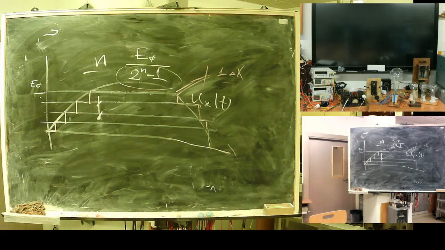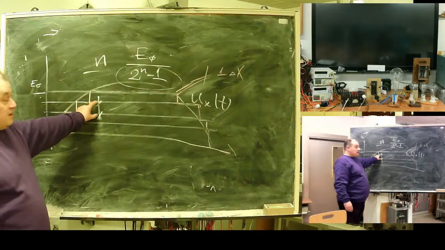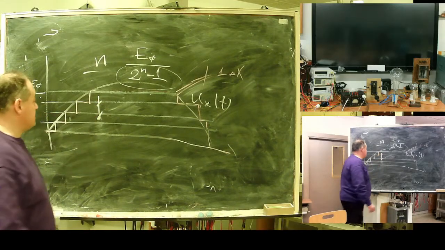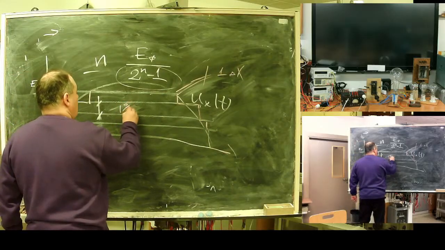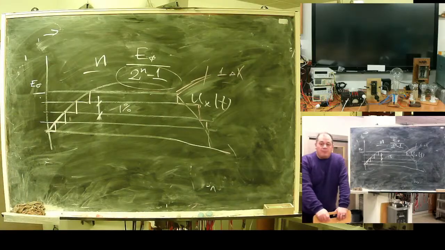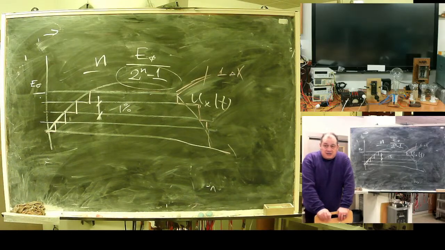So, if I need this gap small, if I need something about 1% in whole range, I'm in deep problem. I will need huge array of comparators.